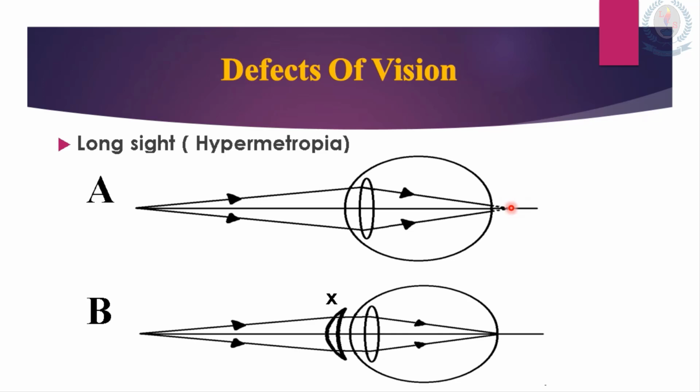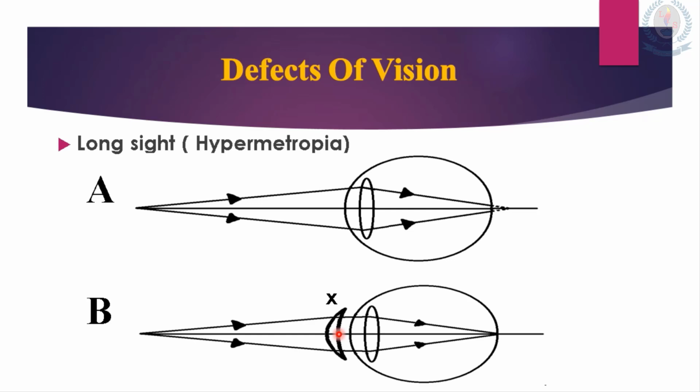How can we correct this defect? Diagram B shows it. This defect can be corrected by using a convex meniscus lens. This is a convex meniscus lens.